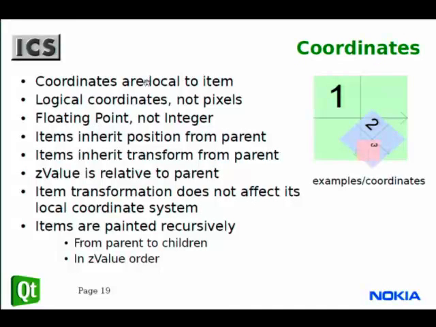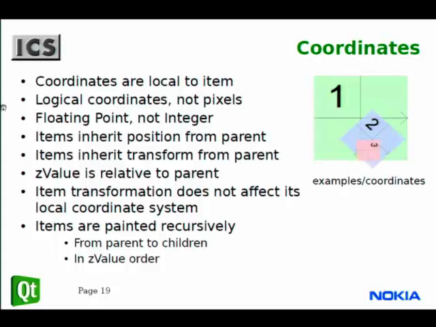So, coordinates. Like I said, if there is enough time, I will show you some of these. Each item has its own local coordinate system. As I said before, they're logical coordinates, not in terms of pixels. We work with floating point numbers, not integers. And furthermore, items, because they do support parent-child hierarchies, can inherit their positions and transforms from their parents, which might be other items or your scene.